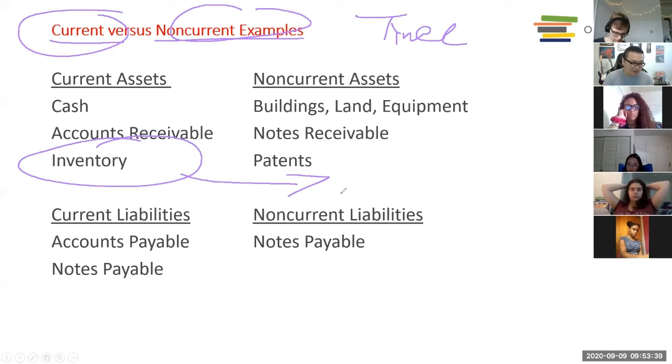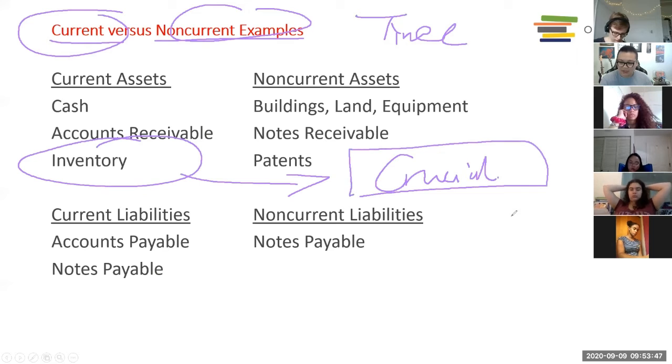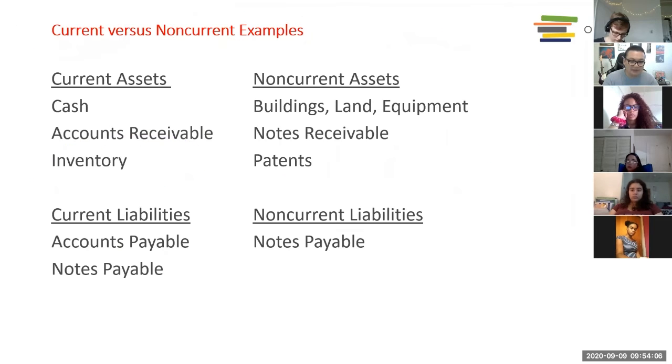The time they need to sell their inventory is very crucial, because some industries may take a while to sell their inventory, and some companies may take only a day or even hours. So the timing is very important.